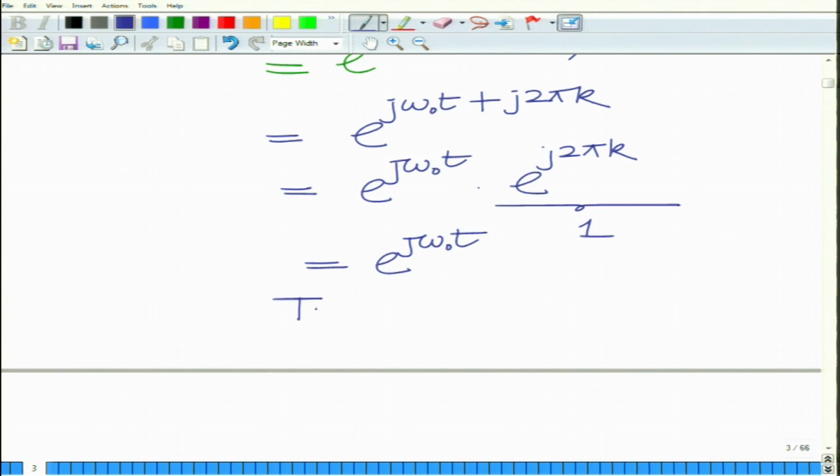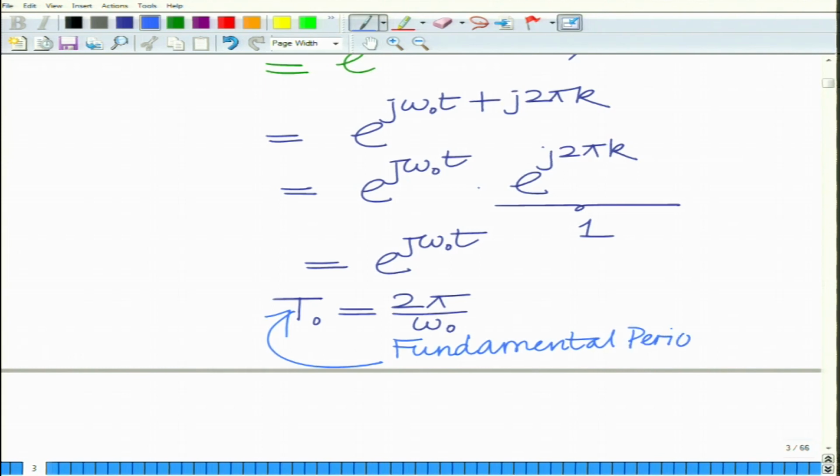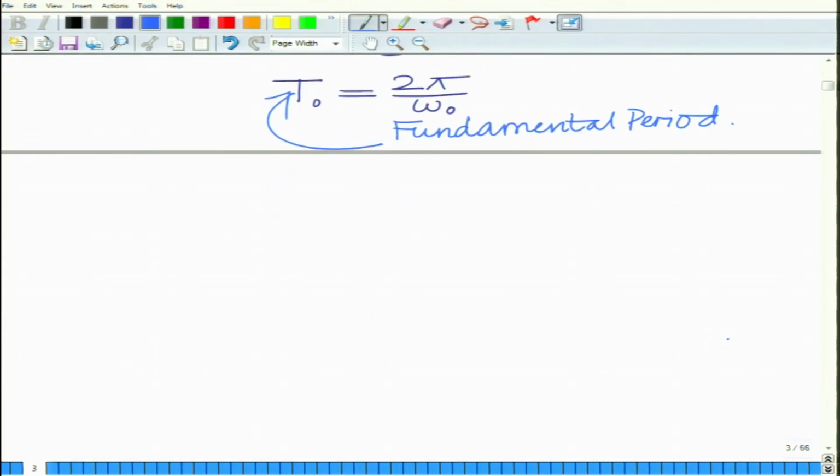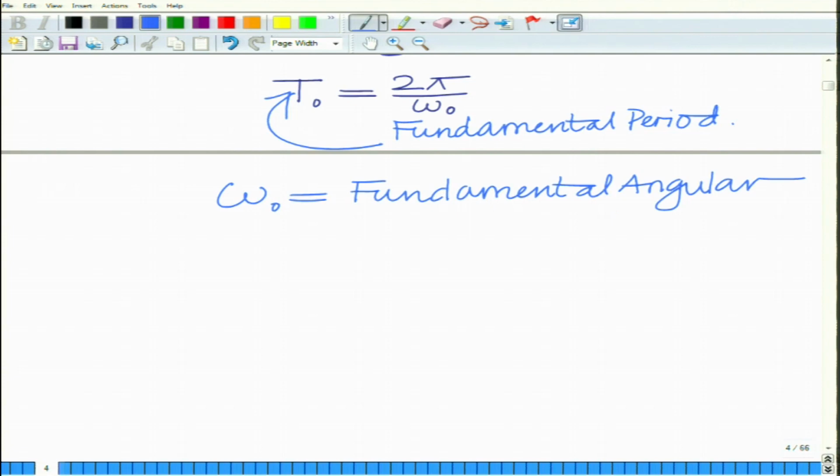So, T naught equals 2 pi over omega naught, this is the period, also known as the fundamental period of the signal. Now this quantity omega naught is the fundamental angular frequency. This nomenclature will become clear slightly later.